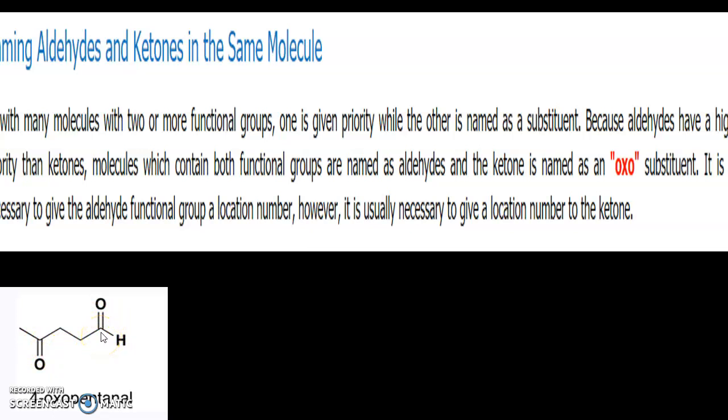So this carbon will get the first number, this will be second, this third, this fourth, this fifth. Five carbons means pentane. The E of pentane will be replaced by AL because we consider this compound as an aldehyde, since aldehyde has the highest priority, so it is a pentanal. But at the 4 position a carbonyl group is there, so it is called 4-oxopentanal. I think you have understood this.